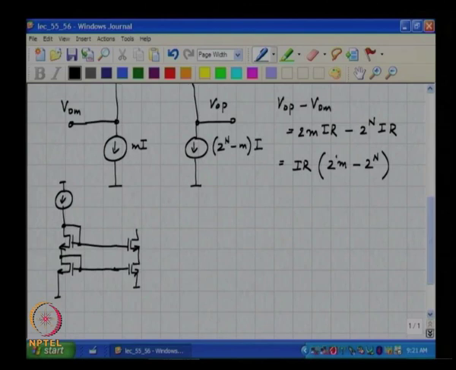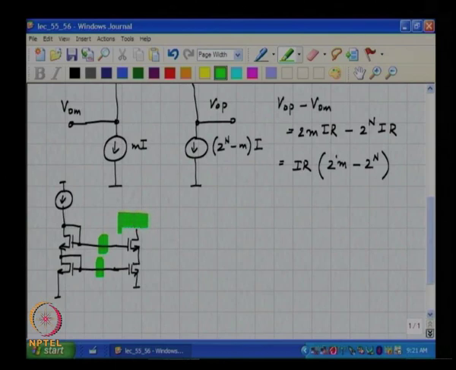Okay. This is not a particularly good choice of biasing the cascode voltage, but I hope you get the idea. In your other classes, I am sure you have seen better ways of biasing the cascode where you do not waste so much headroom, right. I am assuming that you know all that stuff.